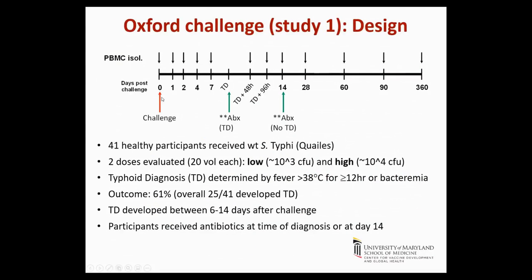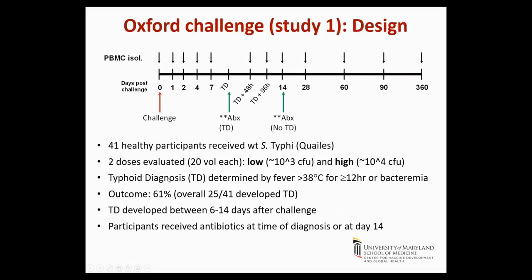This is the study design. Basically, volunteers were challenged with wild-type Salmonella Typhi, and then at several time points, we obtained cells which were used in the present study. Now, some of these volunteers who were challenged developed typhoid disease, while others did not.